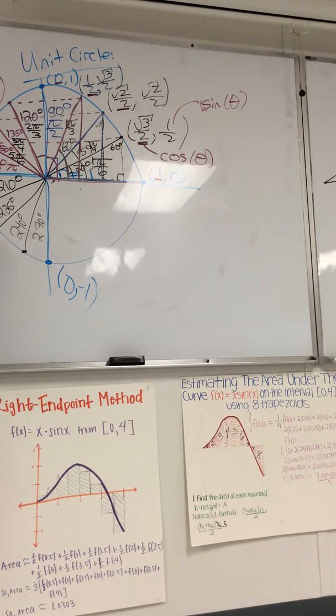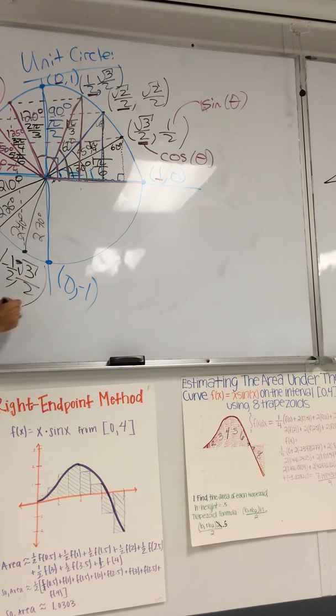The y-coordinate becomes negative root 2 over 2. And the last one, 240: same x-coordinate, so negative 1/2. The y-coordinate becomes negative root 3 over 2.